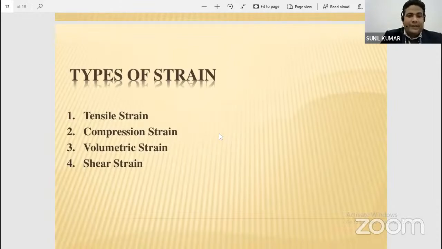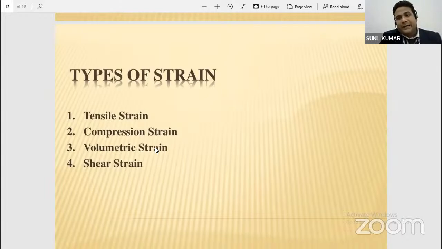Then come to the point volumetric strain. Volumetric strain is defined as the ratio between the change in volume and the original volume of a body. Suppose a cube with 6 faces, we apply the load compressive in nature, there are changes.